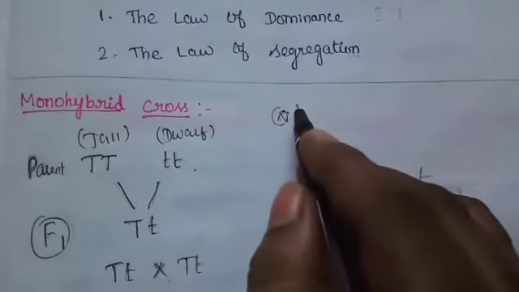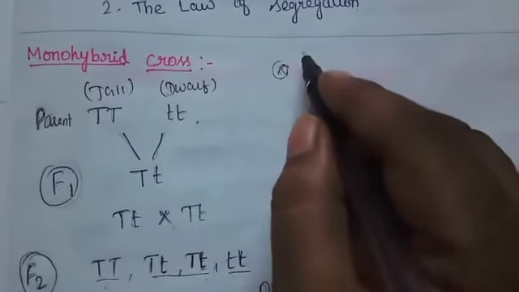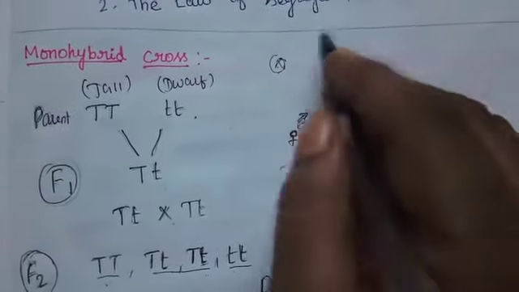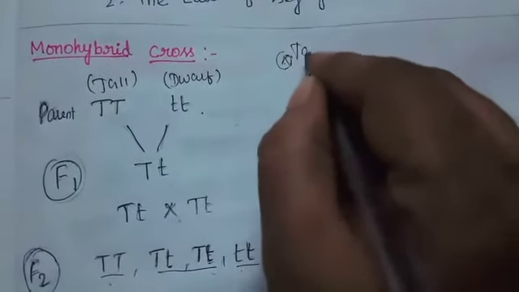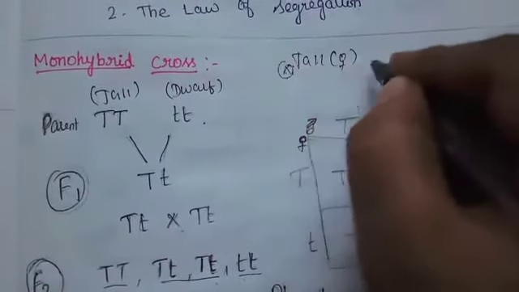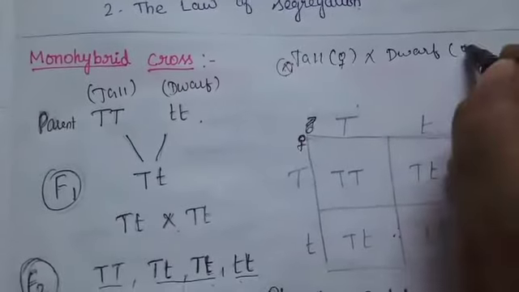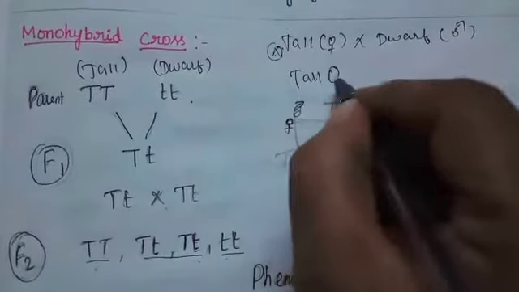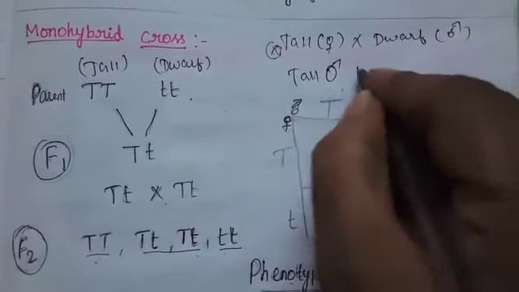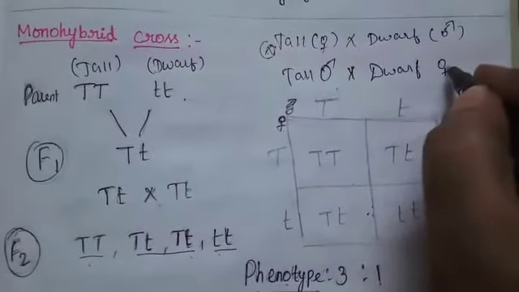Next, reciprocal cross. The interchanging cross is called a reciprocal cross. Tall pea plants were pollinated with pollen from true breeding dwarf. The result was always a tall plant. Here a tall female plant is crossed with a dwarf male plant, and a tall male plant is crossed with a dwarf female plant.